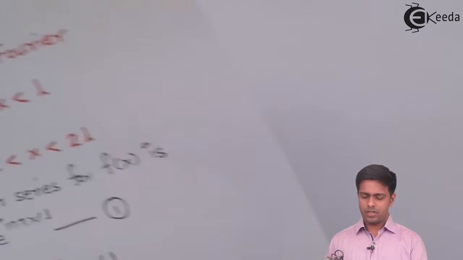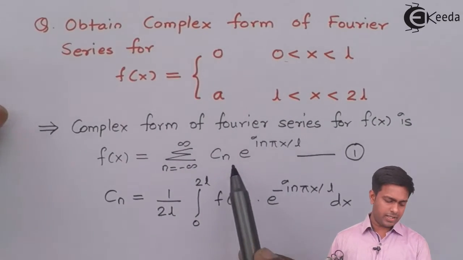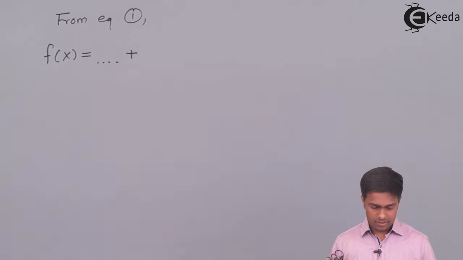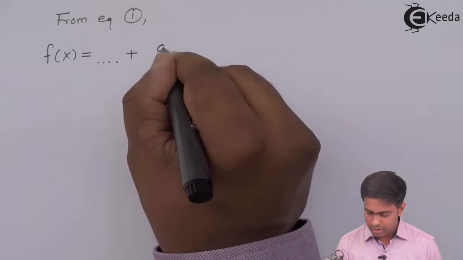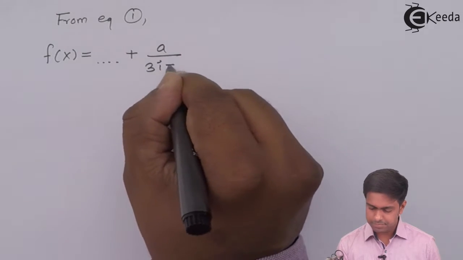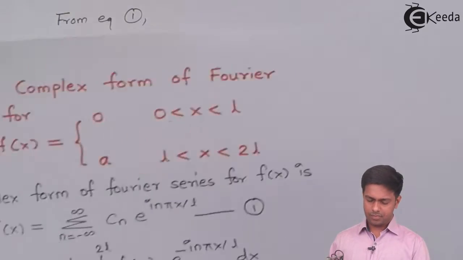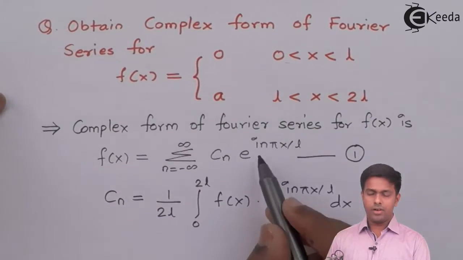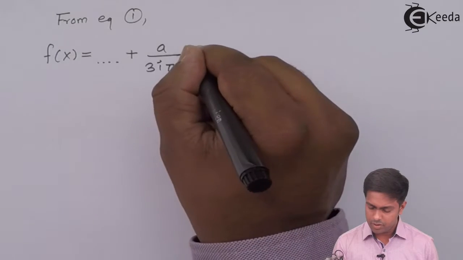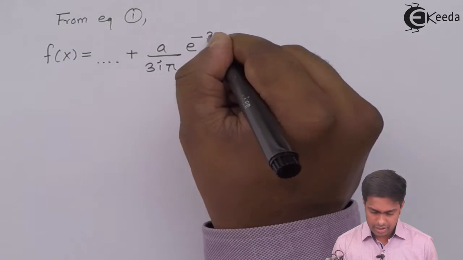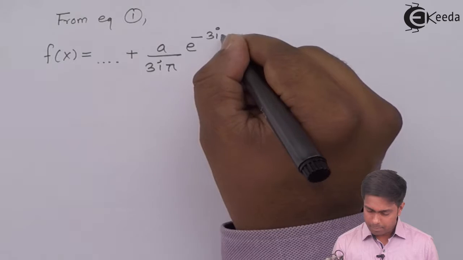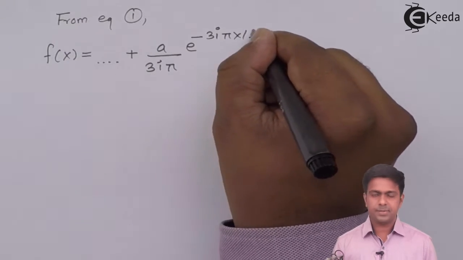So here we'll get C of minus 3, and C of minus 3 is a upon 3iπ. Next, here we will get e to the power negative 3iπx upon L.